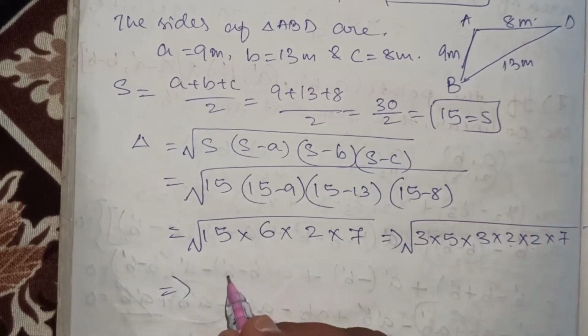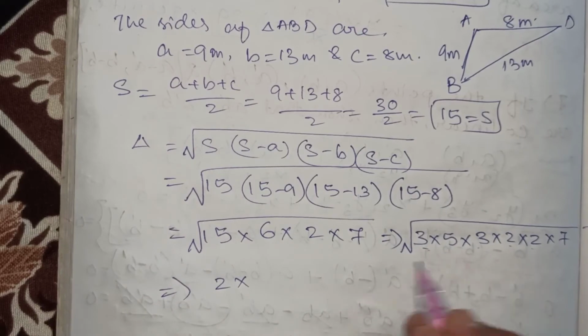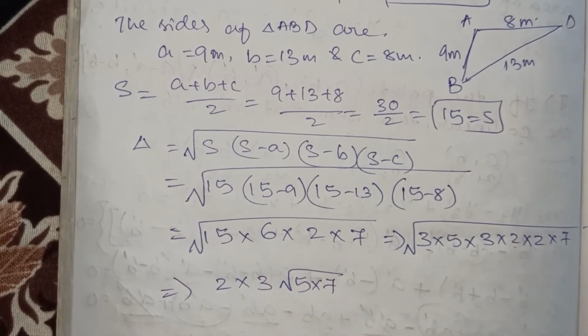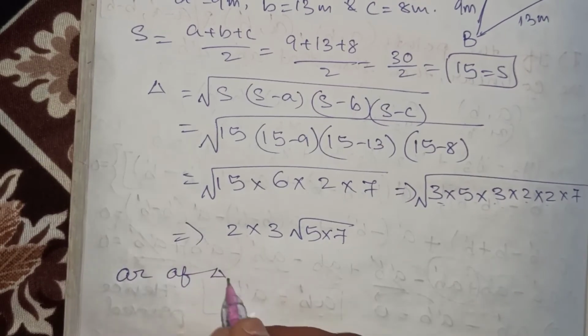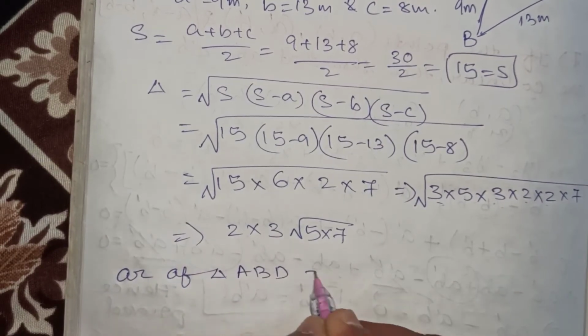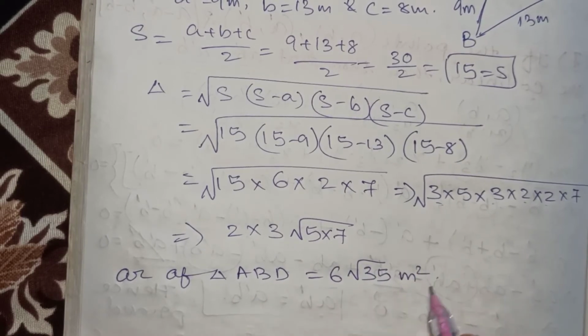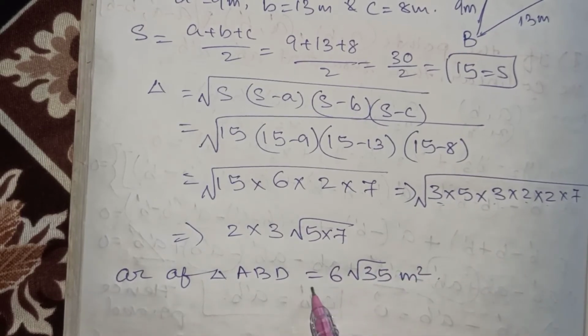Out of the 2, 2, one 2 we can take out, out of 3, 3, one 3 we can write outside, and 5 into 7 will be written inside the square root. So area of triangle ABD is 6 root 35 meter square. Okay, this is the area of triangle ABD.